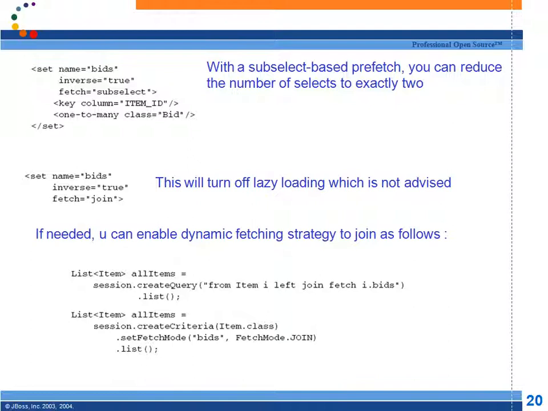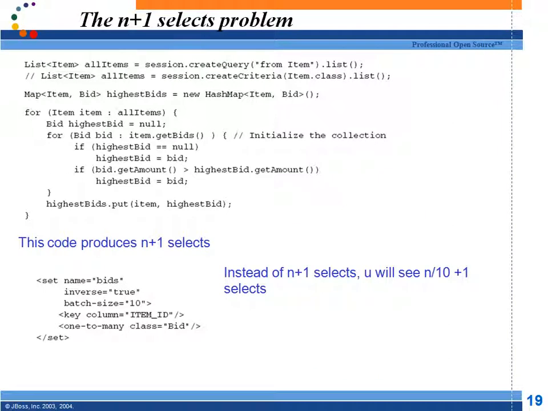Now, I'll explain it sequentially. From the item dot list I said. So it fires a select query for getting all the items, select star from item table. Now, for the first time in the loop, I am trying to call the first item's get bits. So in this case, it will fire a query, select star from bit table.